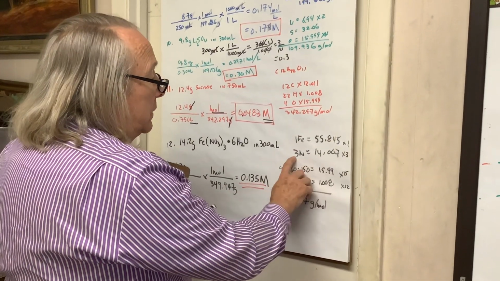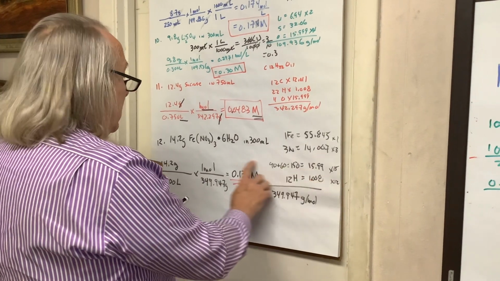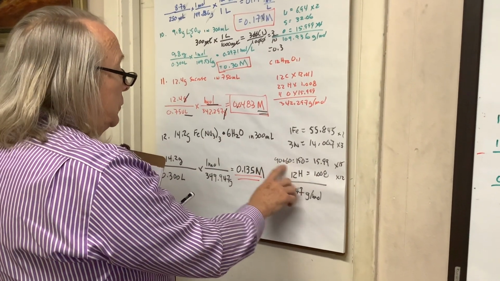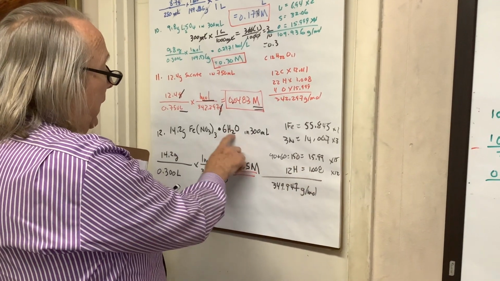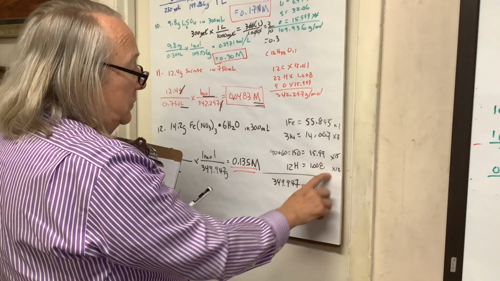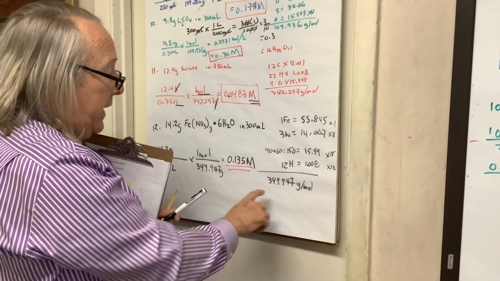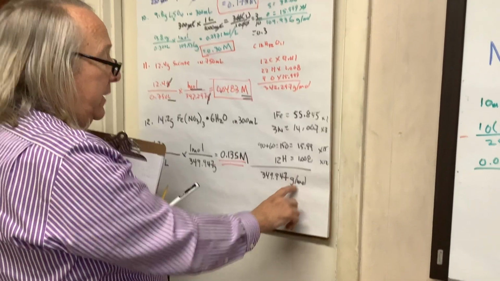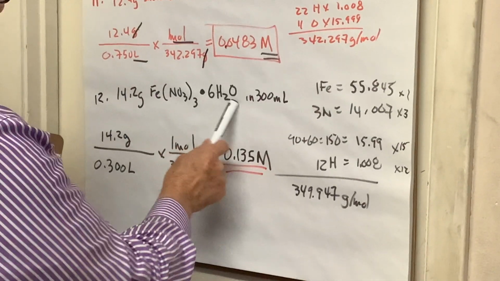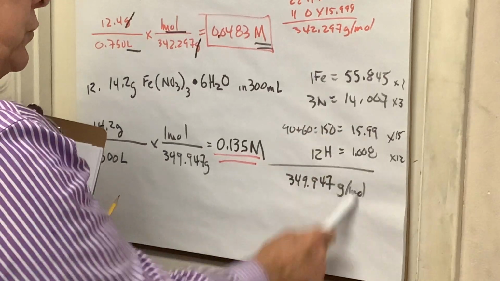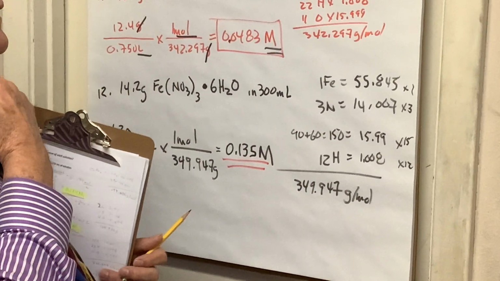Anyway, 1 iron, 3 nitrogens, 9 oxygens plus 6 in the water, or 15 oxygens, and 12, 6 times 2 hydrogens, adds up to a molar mass of 349.947 grams per mole. The only trick is you have to include this water in your formula mass determination.